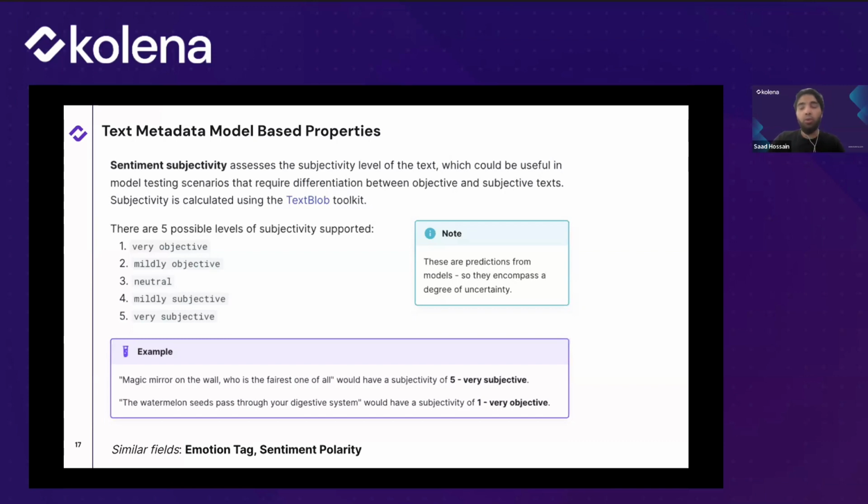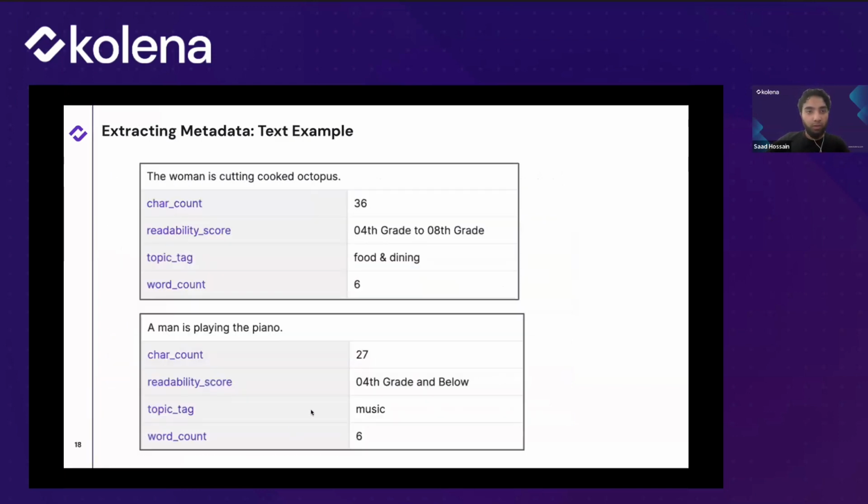Are these of importance to your problem space? We can use these to have a more enhanced testing experience, and obtain additional trust in our model deployment decisions. Now, if we look at more examples, like a sentence such as "the woman is cutting cooked octopus," it is intuitive to understand.